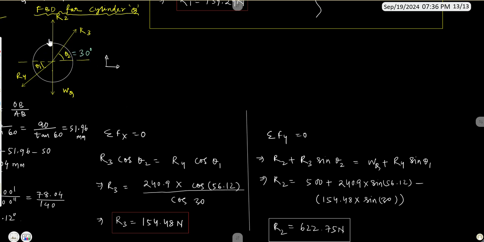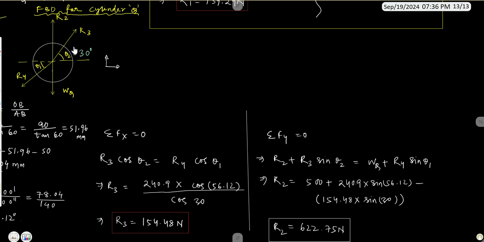In that case, there is no component of R2 and WQ along the x-axis, so we only get the components of R3 and R4. R3 gives a force along the positive x, and R4 gives a force along the negative x.